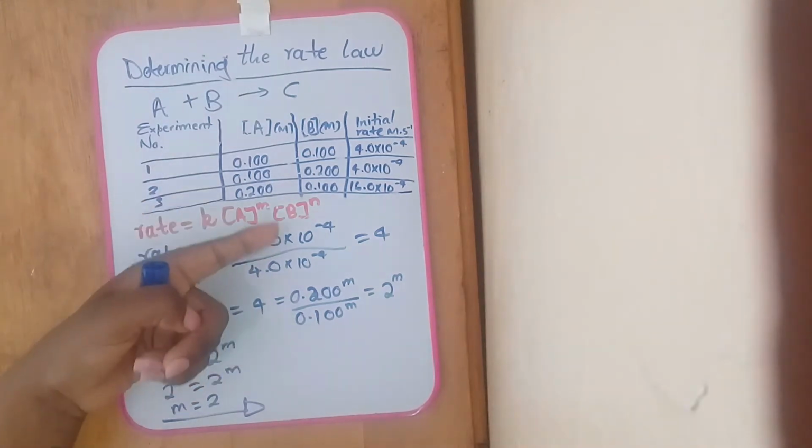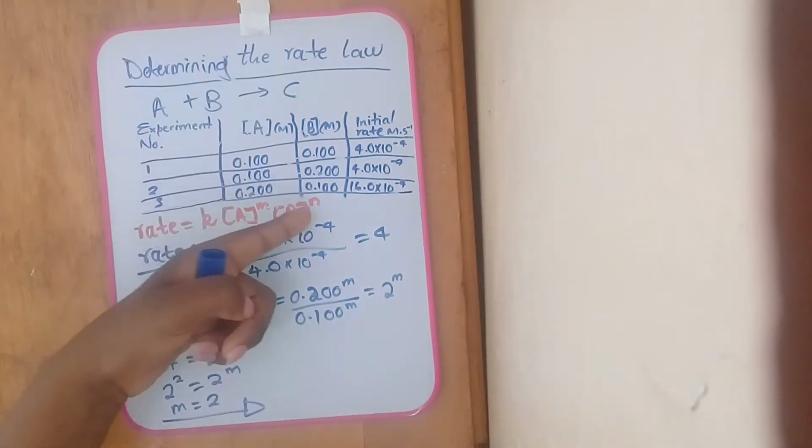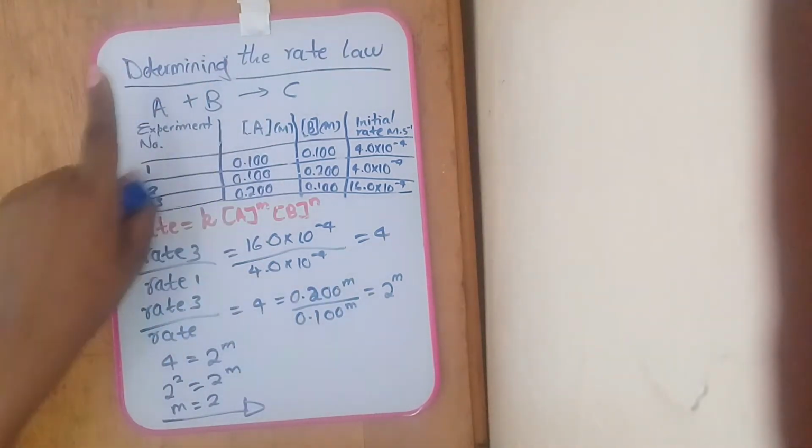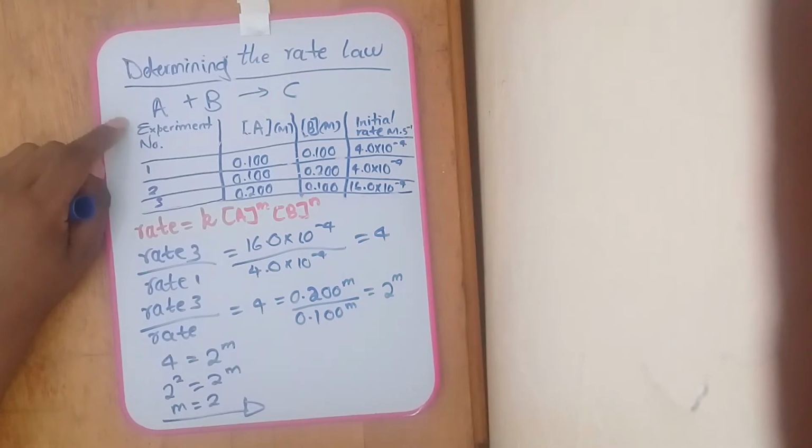When you add the reaction orders m and n, it will give you 2. So the overall reaction order for this reaction is second order.